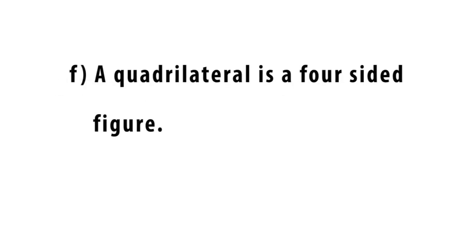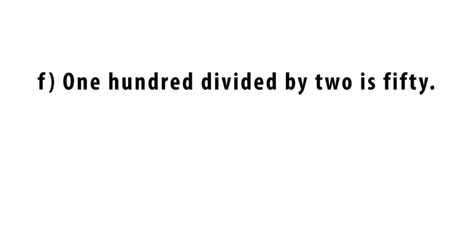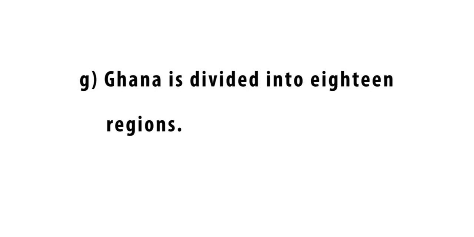E, a quadrilateral is a 4-sided figure. F, 100 divided by 2 is equal to 50. G, Ghana is divided into 18 regions.